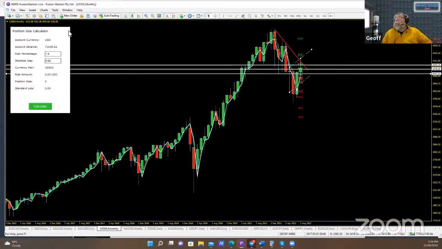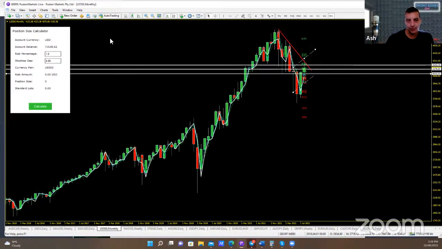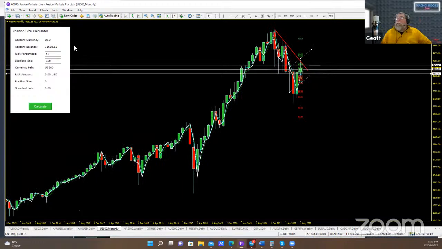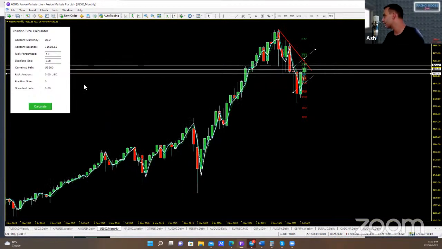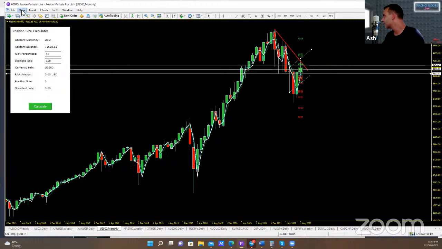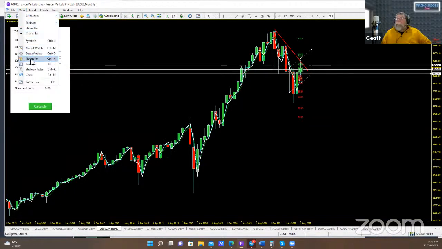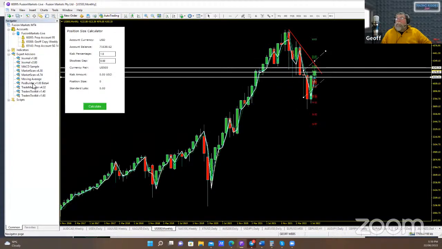Gee, I wish someone would tell me how to get rid of this bloody thing. It's annoying the crap out of me. Based on that premise, anybody who's got the trade manager might be able to tell me how to get rid of this. Don't you just drag it onto your screen, drag the trade manager on, and then cancel? Really? Yeah, go to your Navigator, drag trade manager on.